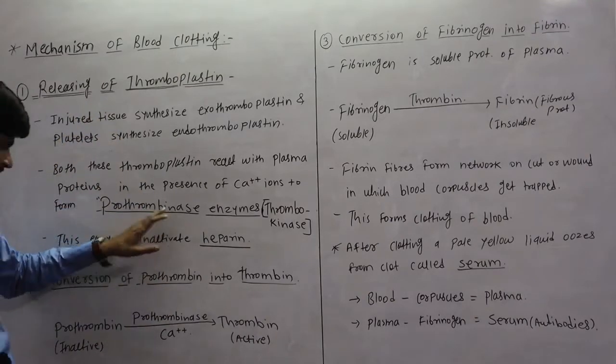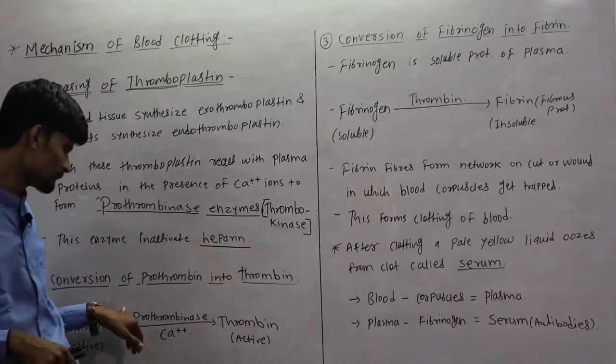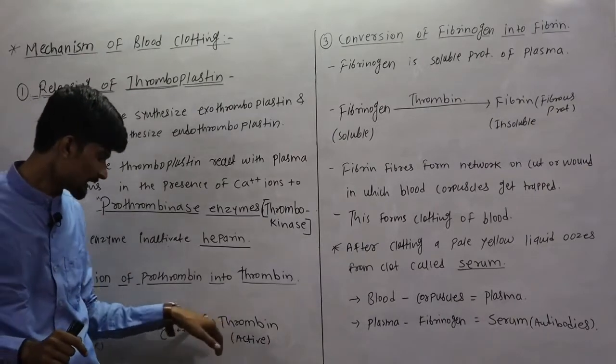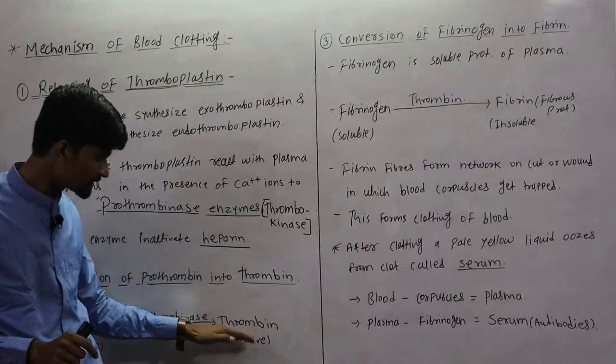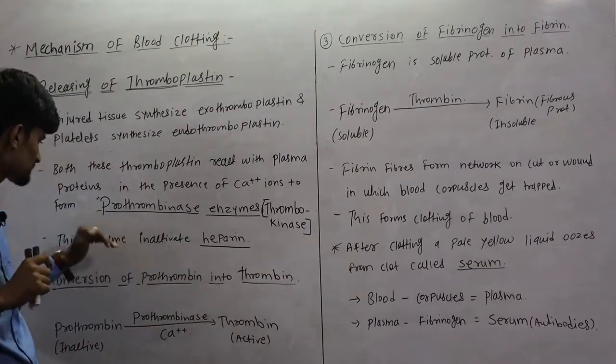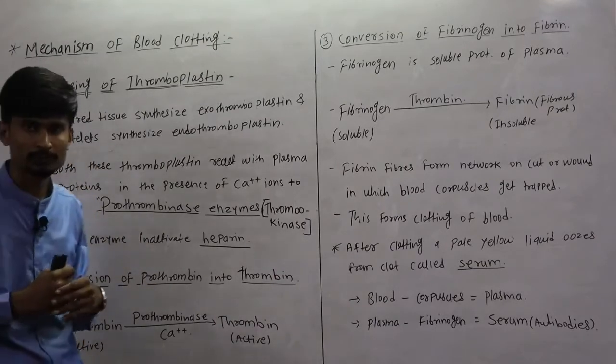This prothrombinase enzyme will act on the inactive prothrombin, and after the action of prothrombinase in the presence of calcium 2 plus ions, prothrombin gets converted into the active form, that is thrombin. So that is the simple step, conversion of prothrombin into thrombin.